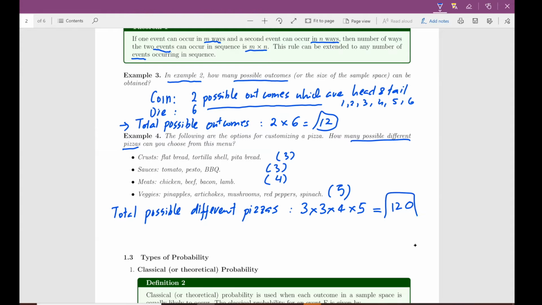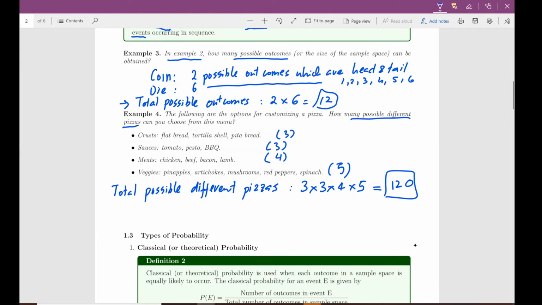Okay, so you have 120 different kinds of pizzas to pick from.